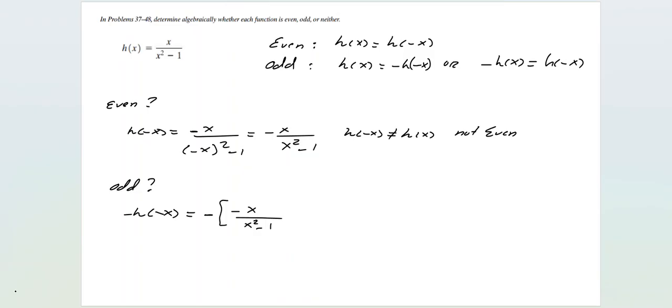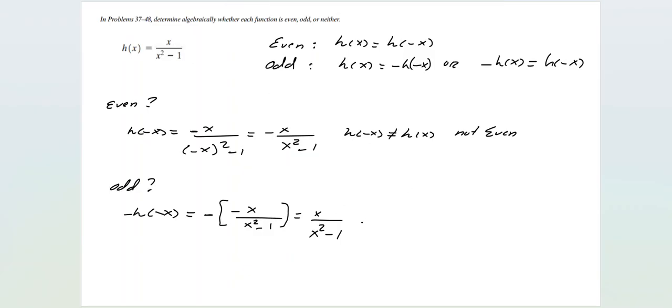When you multiply this, of course, negative times negative is positive, so you will get x over x squared minus 1, and you see how now minus h of minus x is equal to h of x. So we have exactly the same function, x over x squared minus 1.